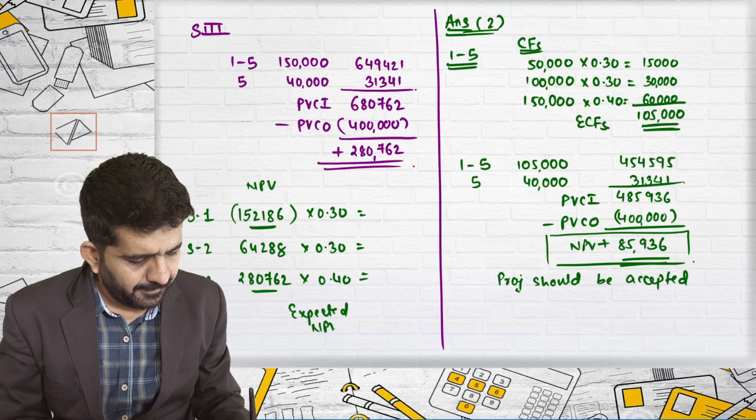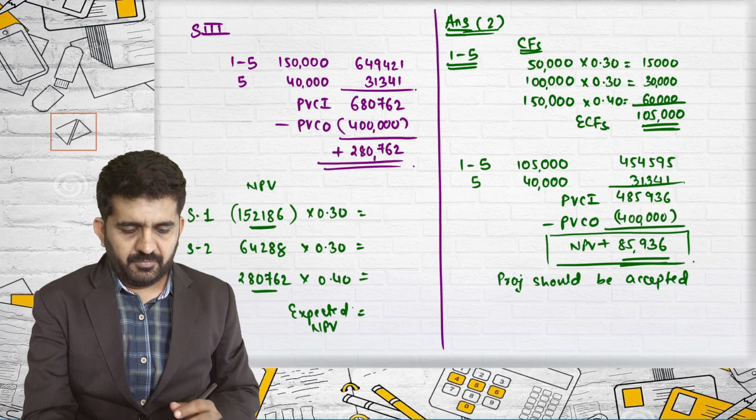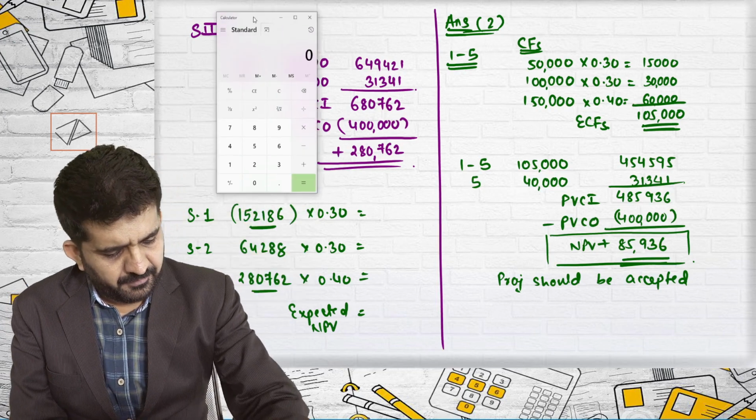You can just find the expected NPV. How to find the expected NPV?